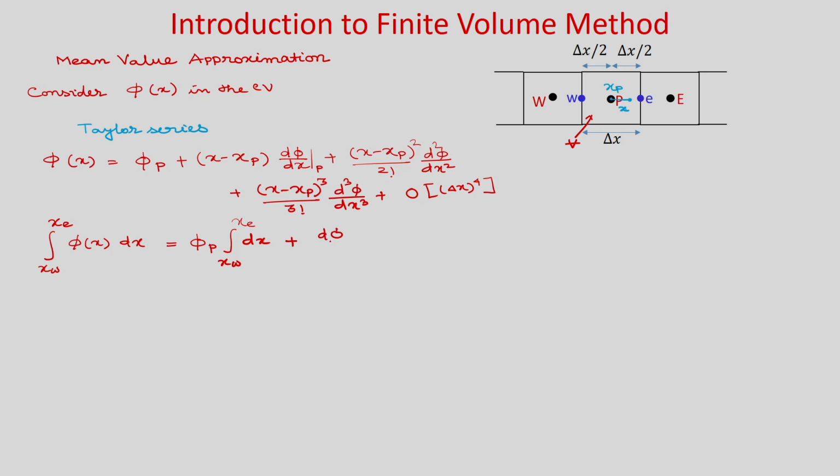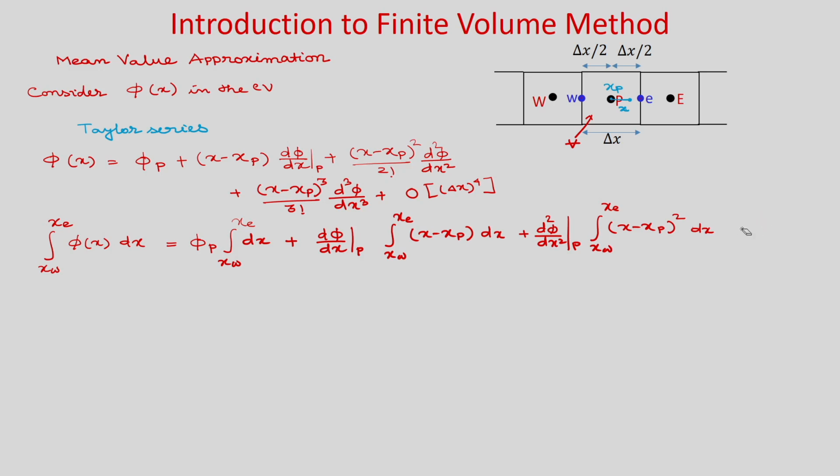So, you can write d phi by dx at p, integral x w to x e, x minus x p dx. Similarly, d 2 phi by dx square you can take it outside, d 2 phi by dx square at p, integral x w to x e, x minus x p whole square into dx, and we can have the order of approximation.